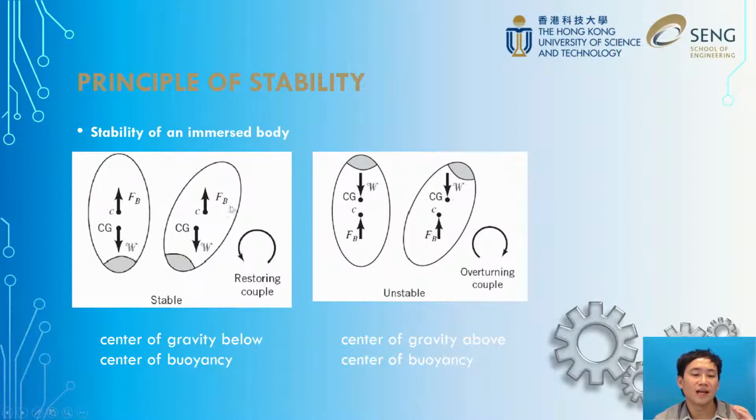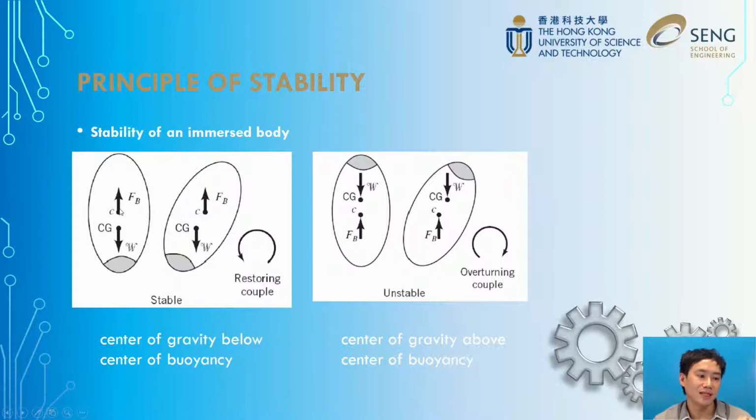So that's why you can find out in all airship systems, the body of it, the mass of the system, is always located underneath the helium balloon. We try to make the center of gravity below the center of buoyancy.